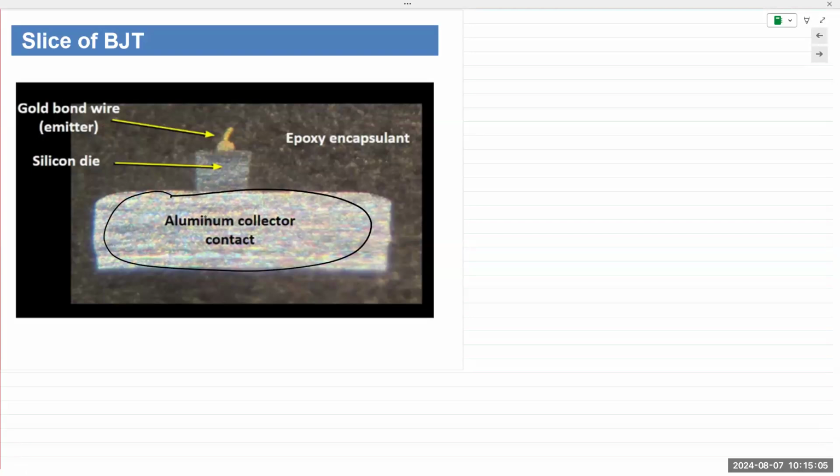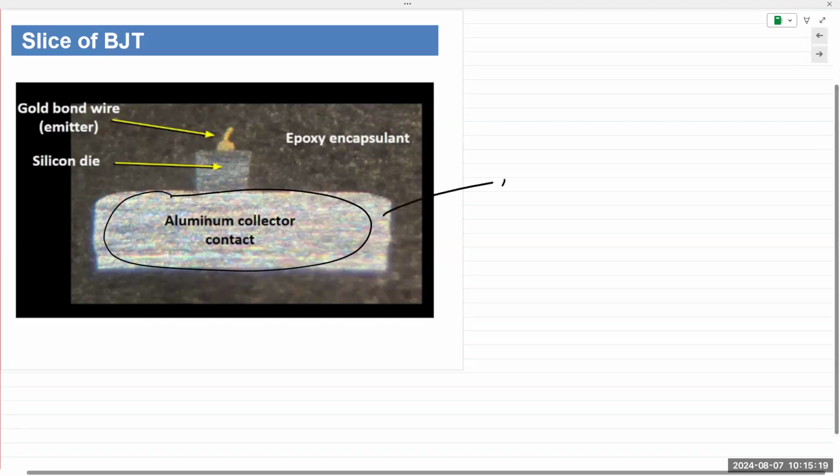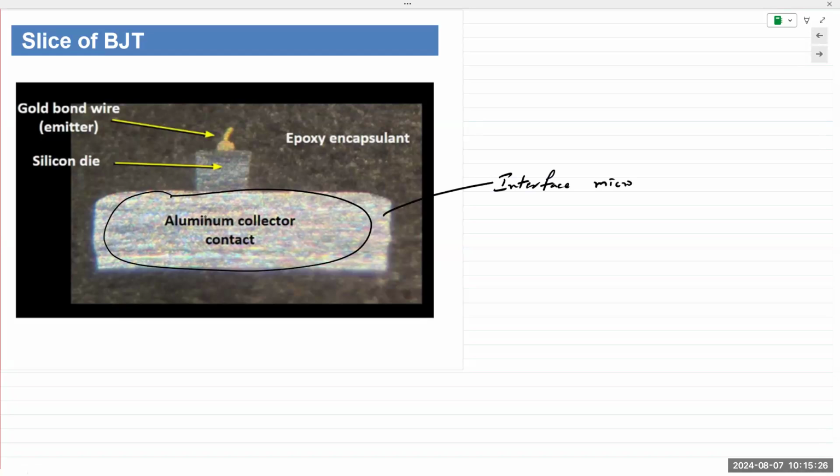The reason this is large is, again, because we need to make connection with the outside world, meaning you have larger circuits, you have power supply terminals, you have other circuit components that need to make contact with this micro device. And so this is an interface between the microchip or micro world and the macro devices outside.